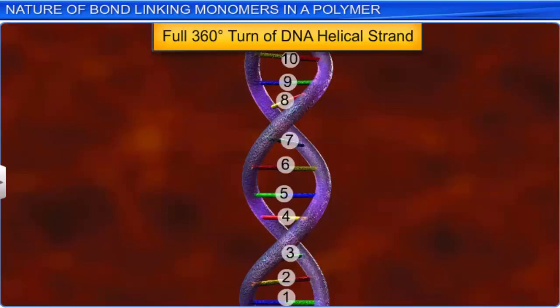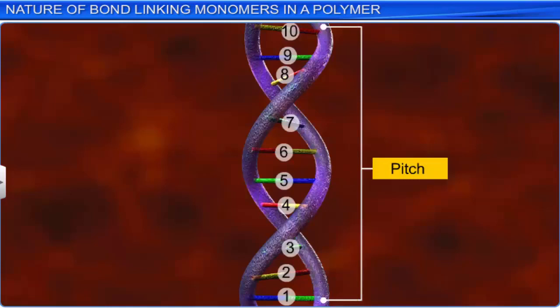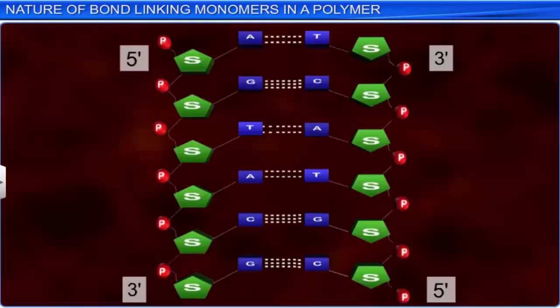The distance along the helix axis corresponding to one turn is known as pitch. In B-DNA, the pitch is 34 angstroms. The rise per base pair, or the distance between two base pairs, is 3.4 angstroms.